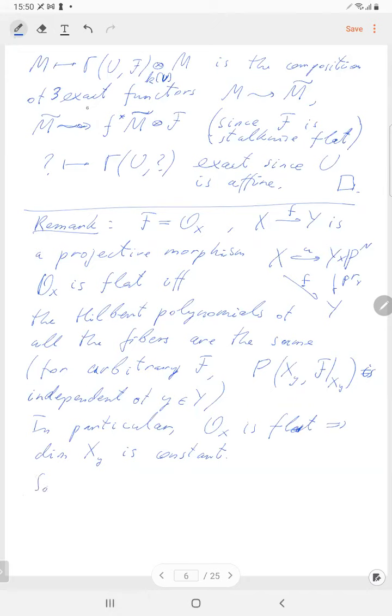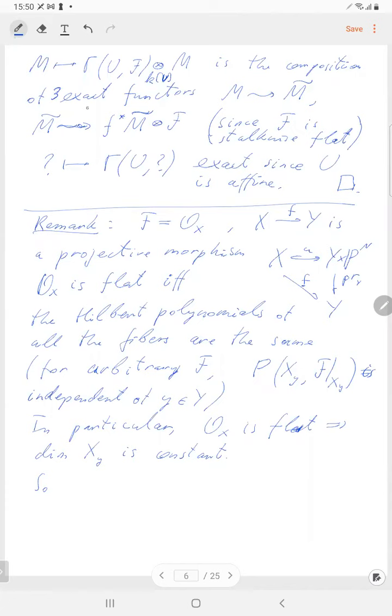The converse, a sufficient condition for the structure sheaf to be flat, is an interesting theorem, and we will not prove it. Maybe I will give it on a home assignment at some point. Or rather, we will prove it when we do Hilbert schemes.